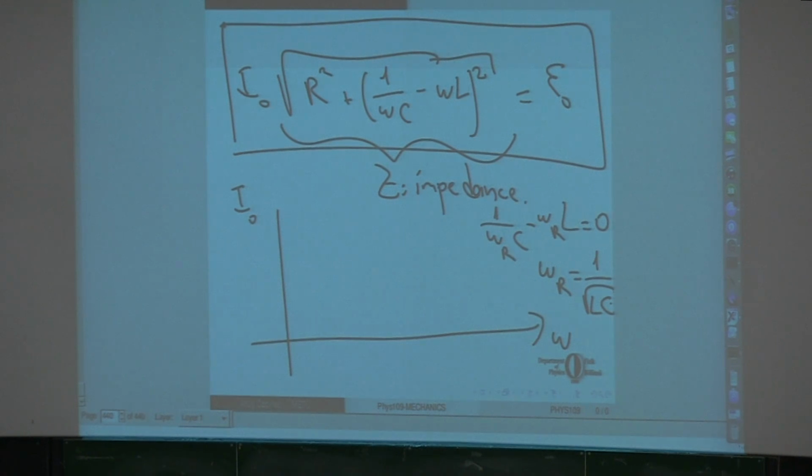You lean forward, you lean backward, and you adjust your frequency to the natural frequency of the oscillator. If you do that, the amplitude of oscillation increases. The fact that you are leaning back and forth has a very small effect, but nevertheless, it can create a huge amplitude for your oscillation.